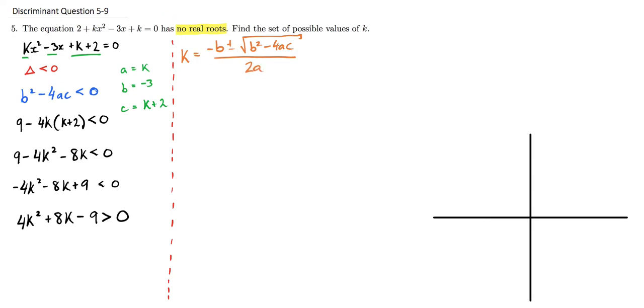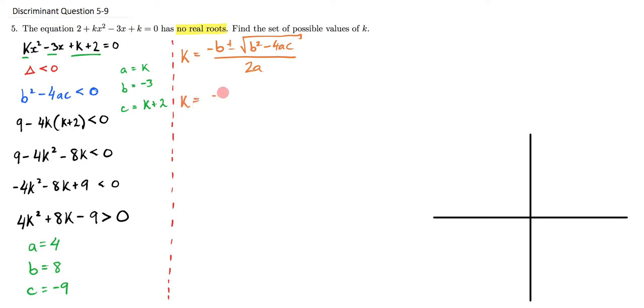And just to make sure I don't make any mistakes, I would really recommend that you write out your a, b, and c values here. So my a value will be 4, my b value will be 8, and my c value will be -9. I then am going to plug them into my quadratic formula.